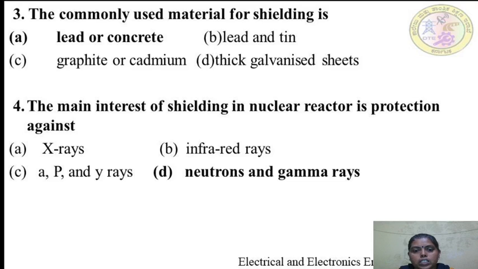The answer is D, neutrons and gamma rays. So in order to give protection against neutrons and gamma rays, shielding is used.